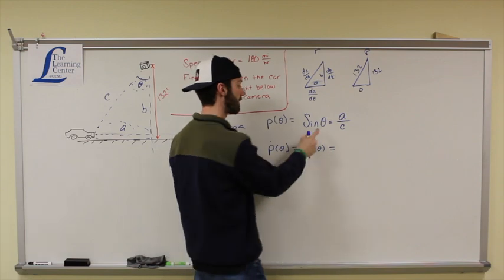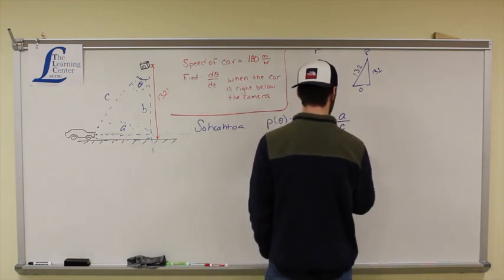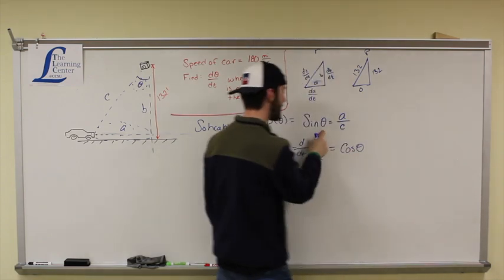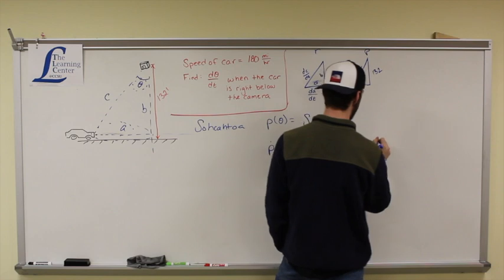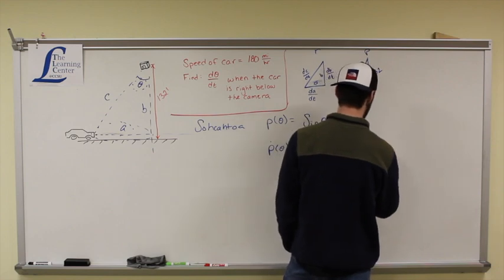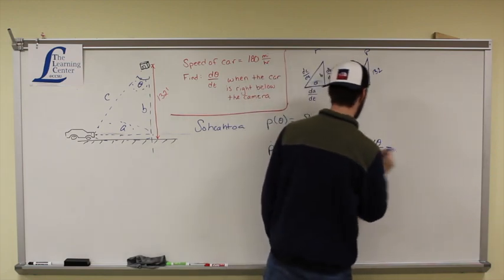The derivative of the left side, sine theta, is going to be equal to cosine theta. Theta is a function of time, so we have to use implicit differentiation and slap on a d theta dt. And we know that's equal to this side.